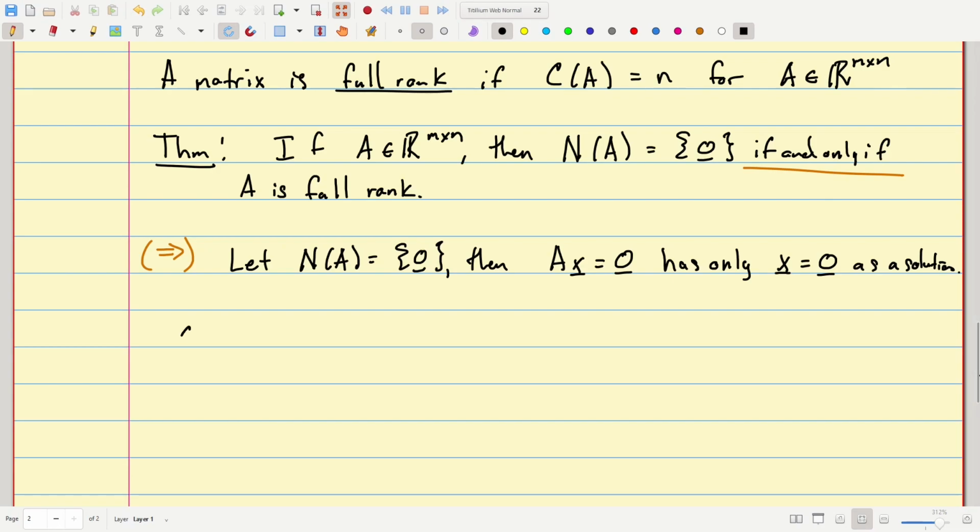That means that if I write out a linear combination of values that equal 0, then what this implies is that I have the following system here.